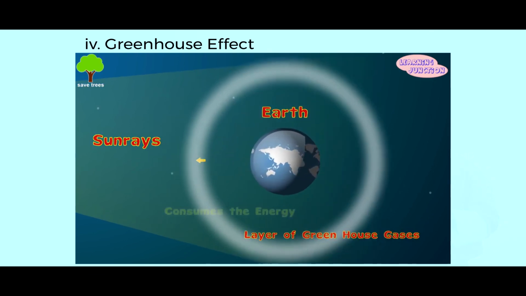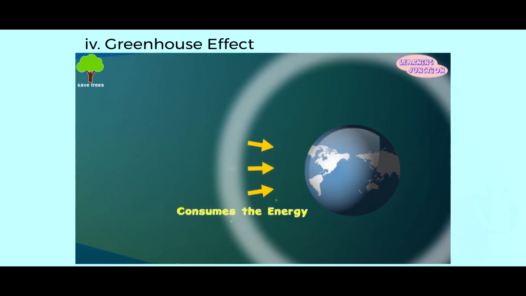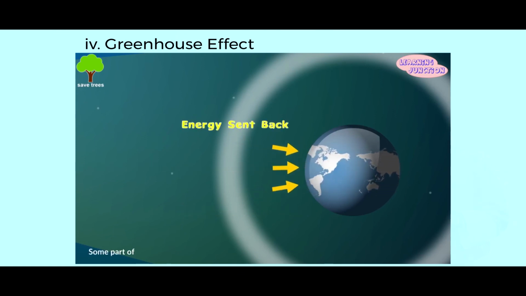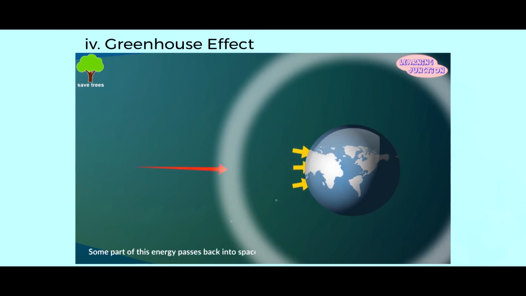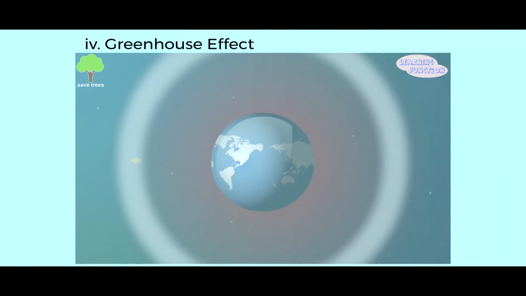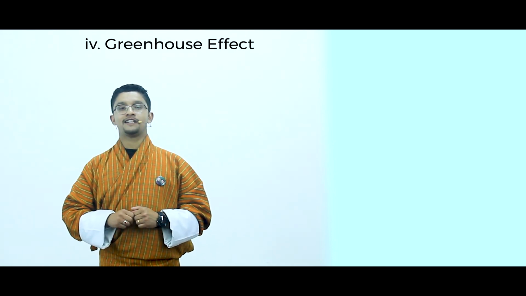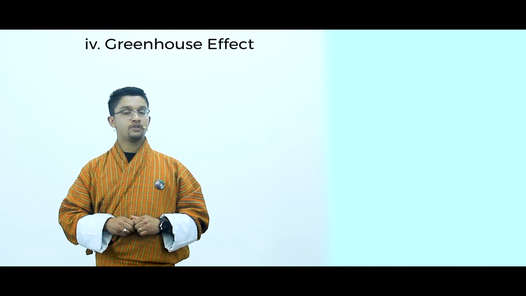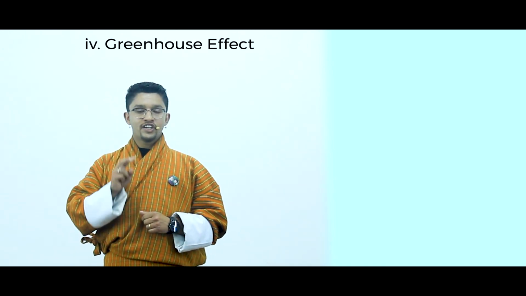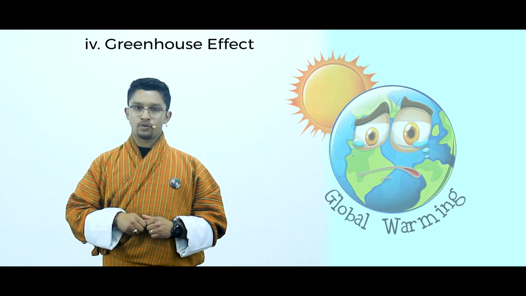The greenhouse gases cause one effect called the greenhouse effect, whereby heat which is radiated by the Earth's surface is trapped in the atmosphere, leading to an increase in the atmospheric temperature. And the greenhouse effect has been one major issue because in the long run it will lead to global warming.